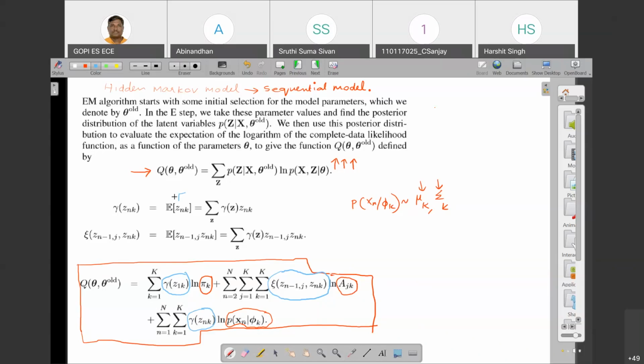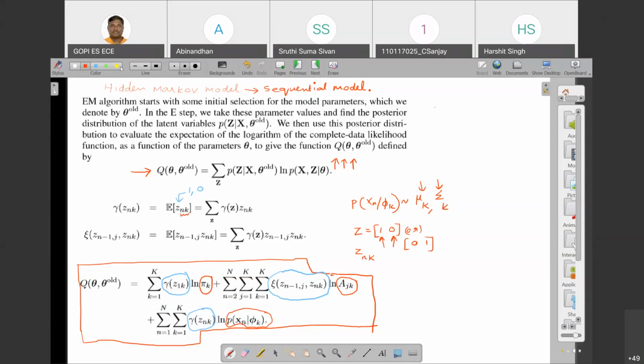because this Znk takes either the value 1 or 0. Here we have two subscripts. Whenever you see two subscripts below this Z, it means an element of this Z, because you know the latent variable Z has values like 1, 0 or 0, 1 in the case of two states.